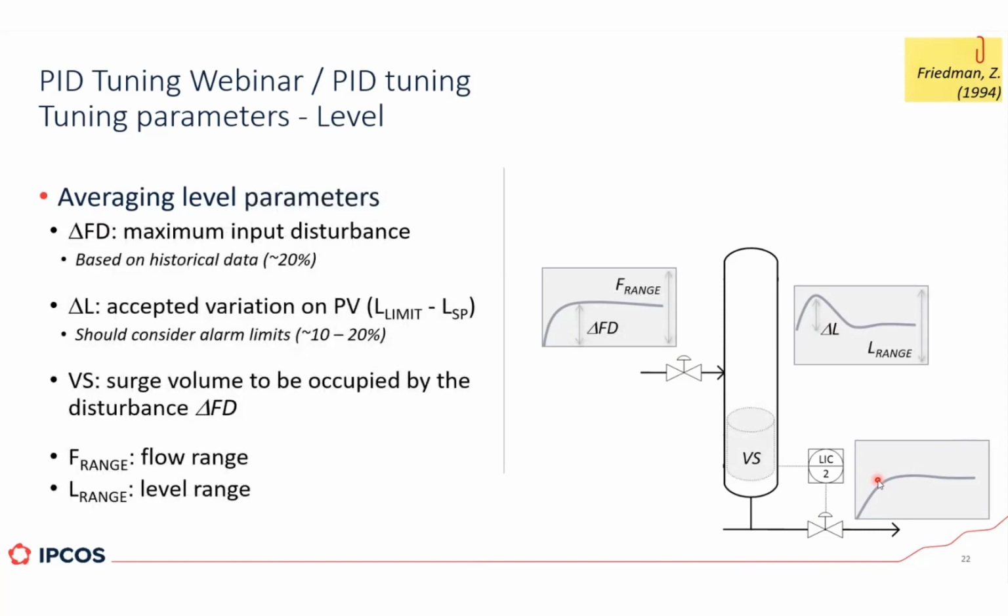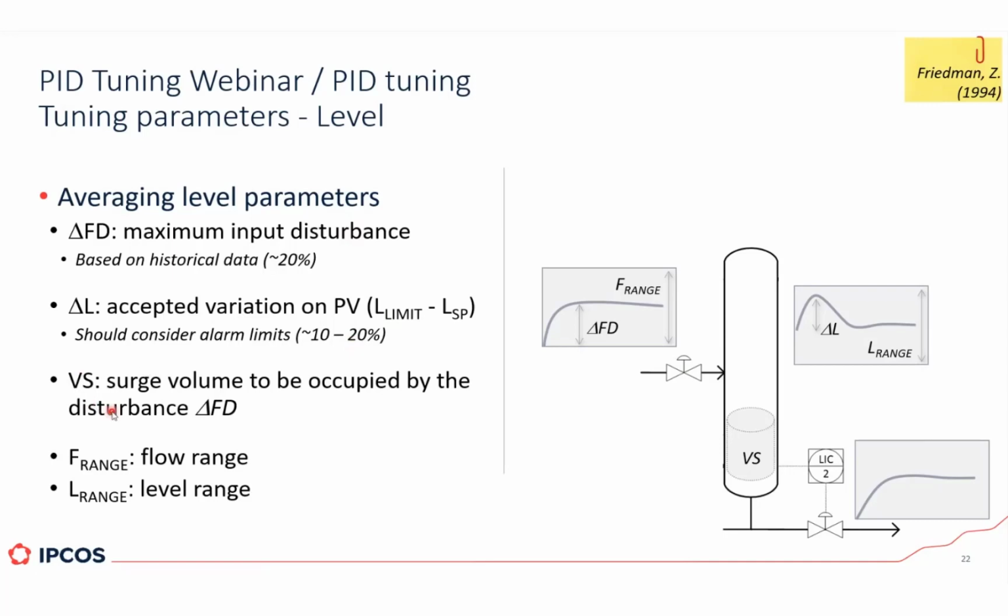And how do we do that? For this method, we need to define some parameters, which can be defined based on historical data. For example, the maximum input disturbances, and the accepted variation you want for your level, which will be different, for example, from the alarm limit to the set point. We can use 10 to 20% here.